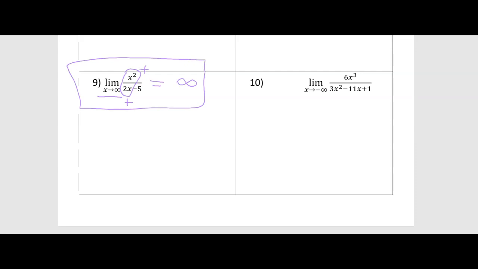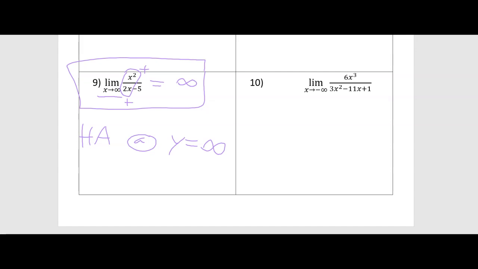So this limit is going to be positive infinity. Do I have a horizontal asymptote at positive infinity? Would it be correct to say horizontal asymptote at y equals infinity? Well, we couldn't place that on the graph. There's no place to put a horizontal line at infinity because infinity is not a number on the y-axis. Infinity is an idea.